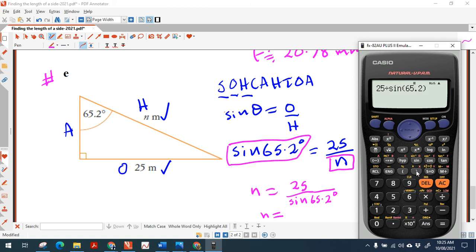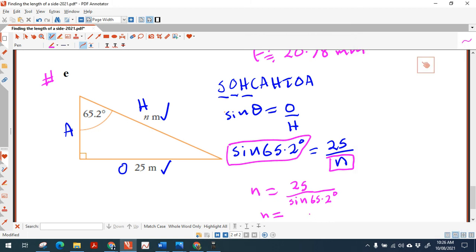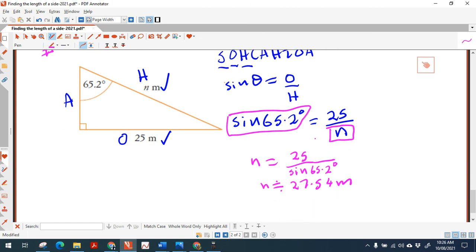And we don't need the degrees button, only if you've got the minutes in the angle. 27.54 is the answer. And that is meters again. All right, no centimeters in this PDF. All right, that's it. Make sure that all that is copied down.